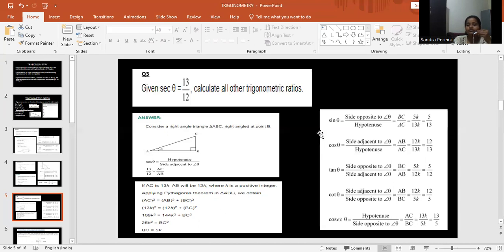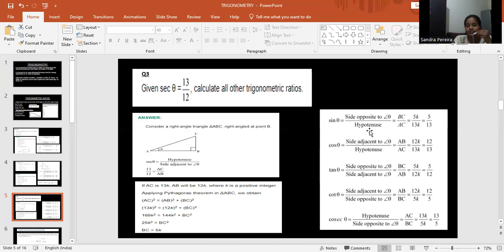Now we will use all the trigonometric ratios: sine, cos, tan, cot, sec, cosec. Sec is already given, so we will not find it again. We will find only cosec, cot, tan, cos, and sine of theta. So sine of angle theta is P by H, perpendicular by hypotenuse.